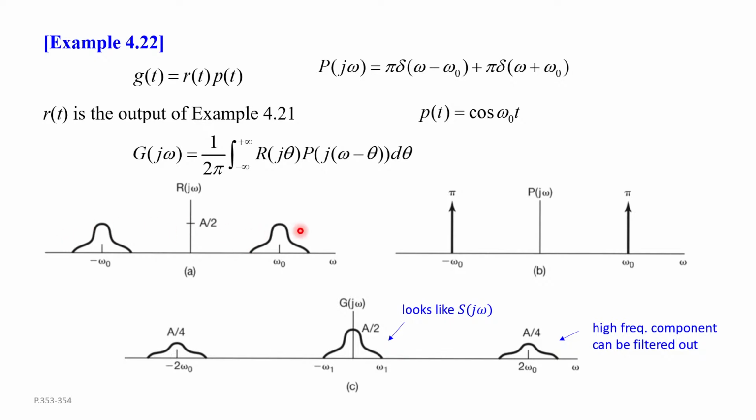And also a shift left, so this peak gets shifted back here, and this should get shifted to minus 2 omega naught. So in the end you get this signal: something gets shifted back to the middle, and something at 2 omega naught and something at minus 2 omega naught. And you can just filter out the really high frequency signals, then you get back your original signal at your original radio frequency.